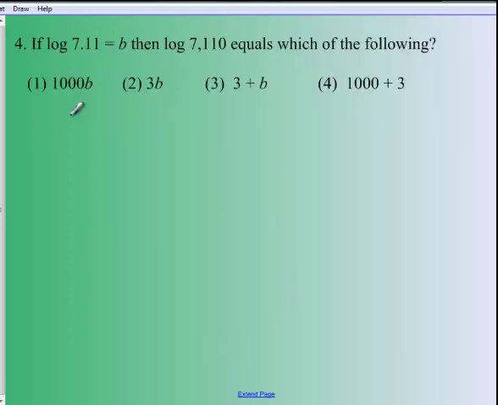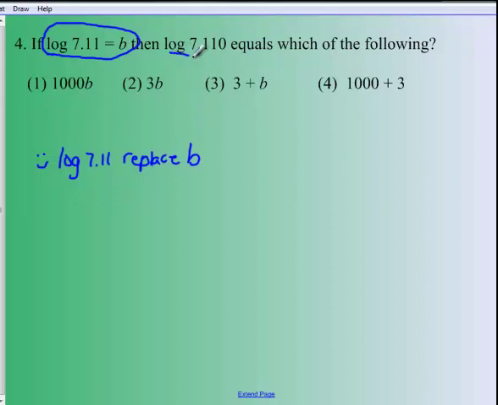And the last problem. We're given a little clue here. Remember how I say this? Every time I see log 7.11, I replace it with a b.